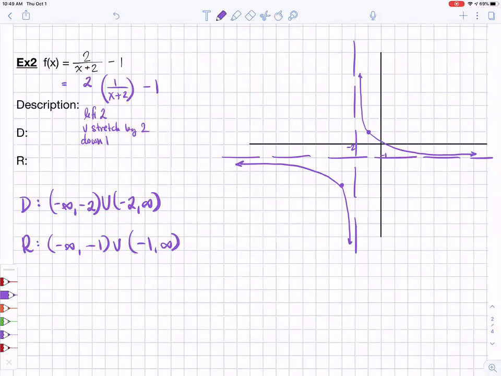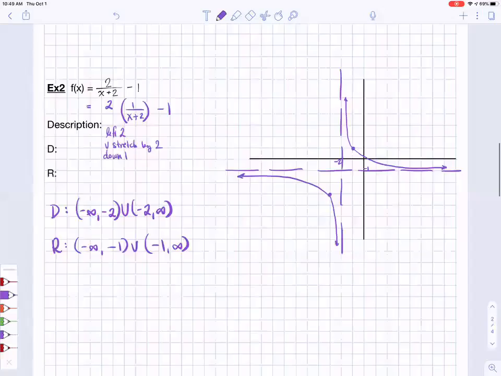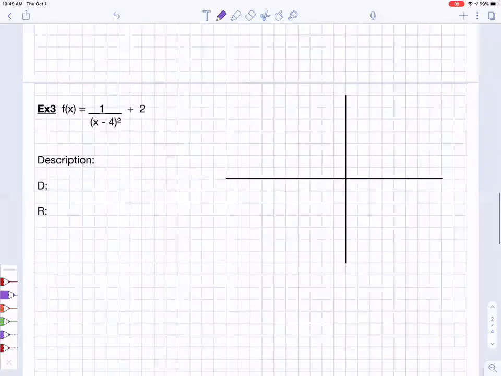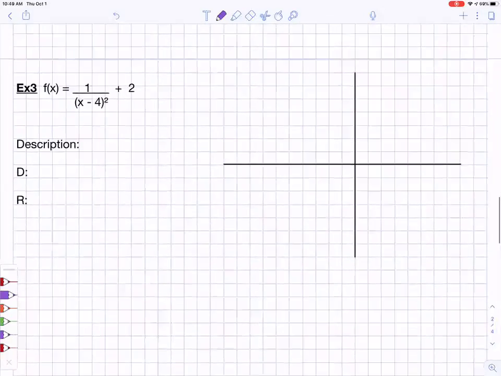Does that make sense? There was only one that we didn't do, and honestly, that one's not that bad. If you'll remind me when we get back from fall break, we can work that one. But that one's gonna look so much like the other ones that if you get the other two, I don't think you'll have a problem with this one. Okay, the only difference is I'm changing the parent.